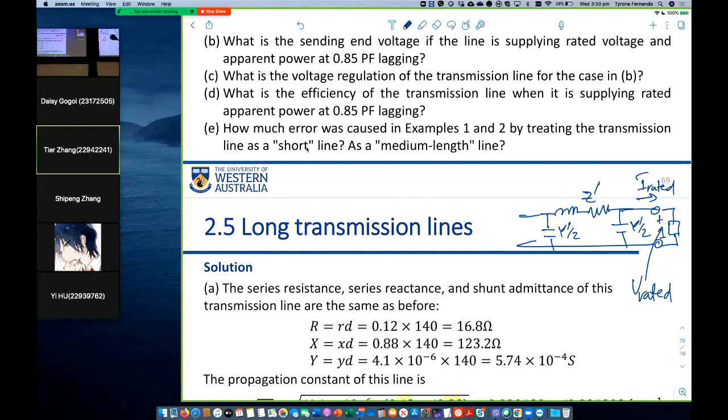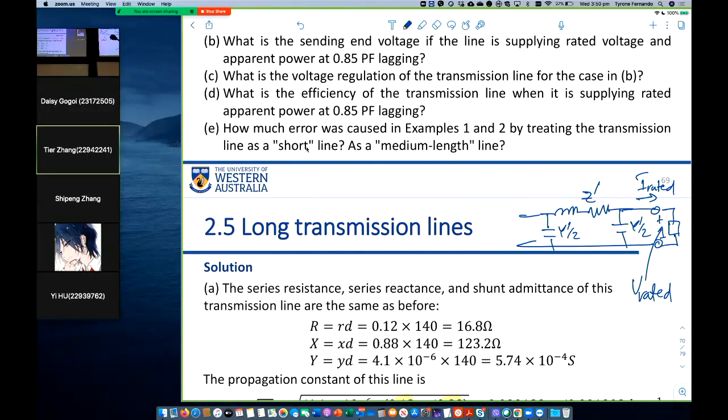If I now take the rated voltage at the receiving end as my reference, the power factor is the cos of the angle of the voltage minus the angle of the current. When you say power factor, you need to know power factor where and what. So now I'm taking rated voltage as my reference, angle 0, and the power factor is 0.85 lagging.